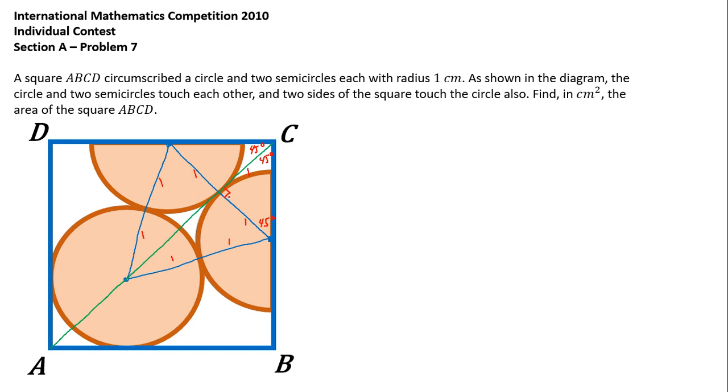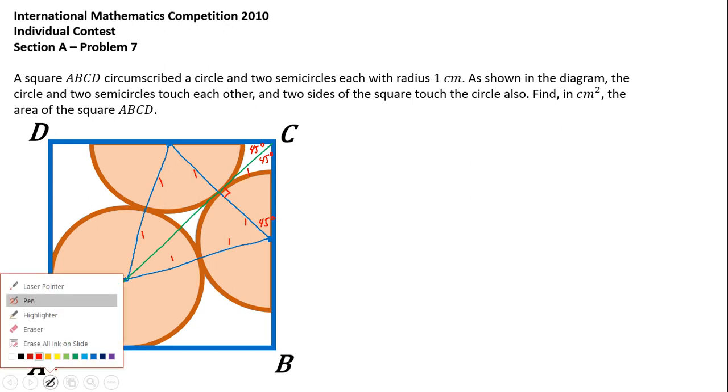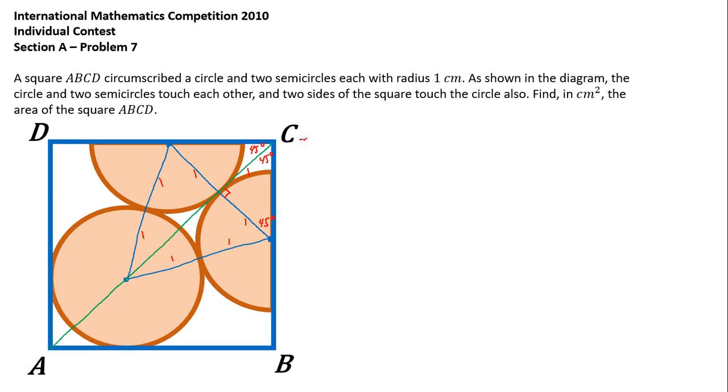For example, if we represent the side of the square by, let's say, S, this one also by S, take note that the area is just S times S, or S squared, right? So area is just equal to S times S, or S squared.